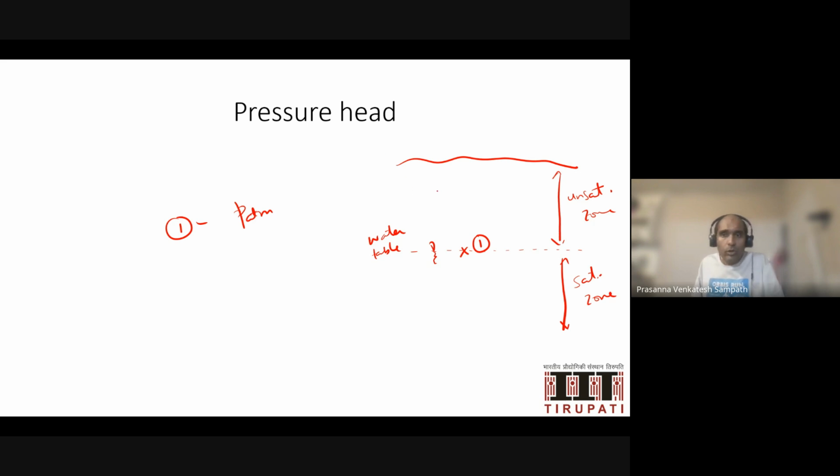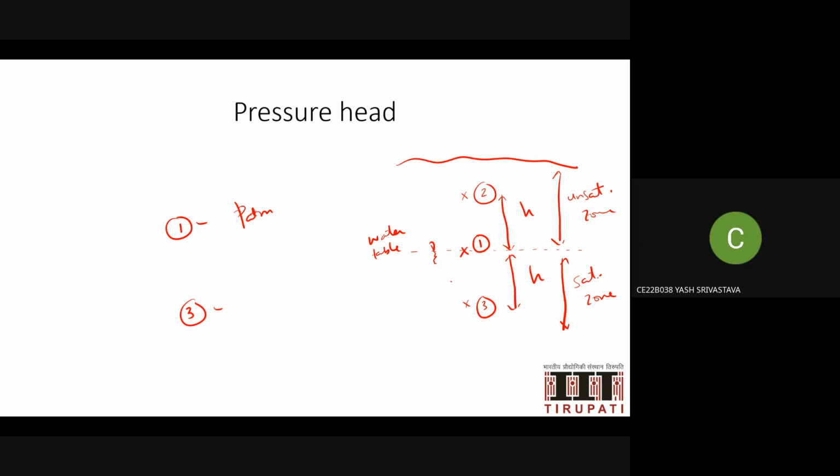Now I'm going to draw two points, one point above point 1 and another point below point 1. Let's say this height is h and this height is also h. Now let's take point number 3. What will the pressure at point 3 be? Will it be greater or less than the pressure at point 1? Greater.